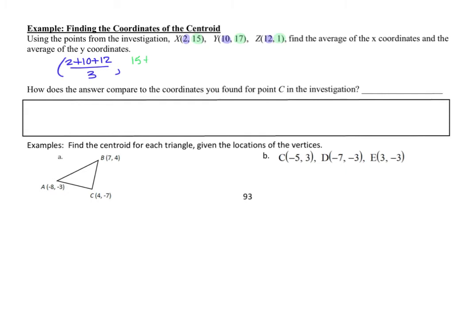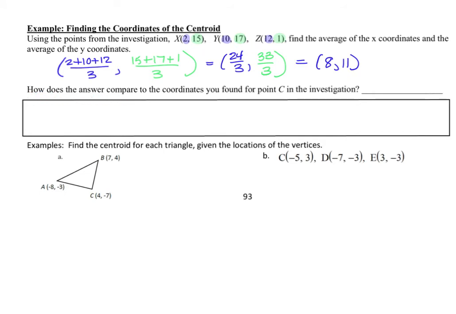So 15 plus 17 plus 1, and divide those by 3. 2 plus 10 plus 12 gives me 24 over 3. And 15 plus 17 plus 1 gives me 33 over 3. If we simplify this, we get an answer of 8 and 11.